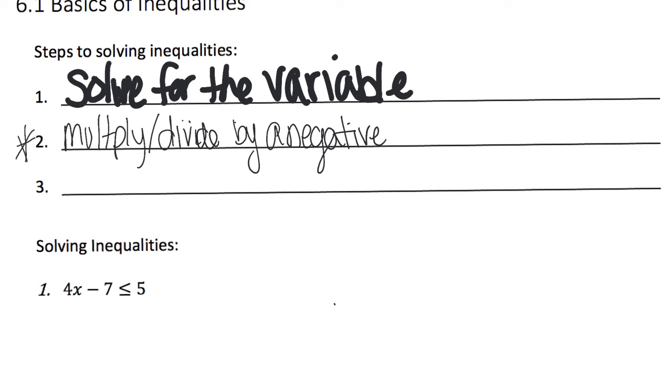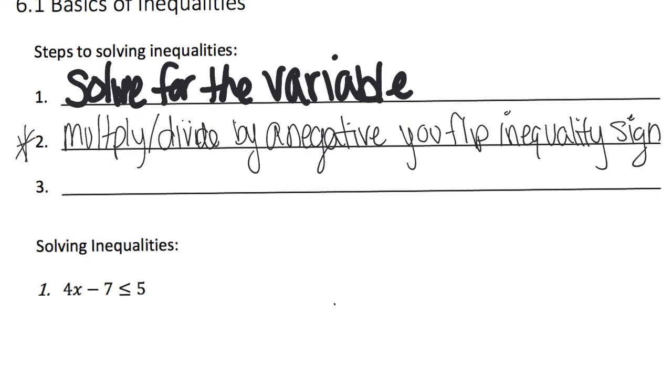So if you multiply or divide by a negative, you flip your inequality sign. And we'll kind of review that. So one more time, when you multiply or divide by a negative is really important there, you flip your inequality sign.